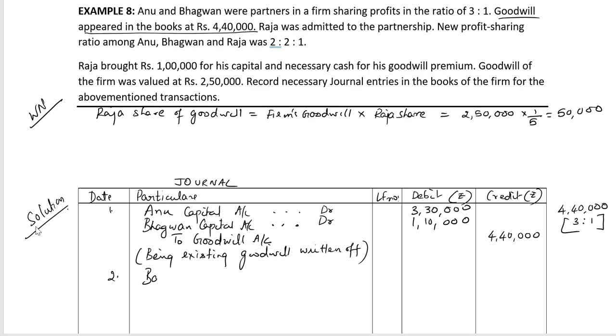So bank account debit, total cash received by the firm, 1 lakh capital plus 50,000 premium for goodwill.